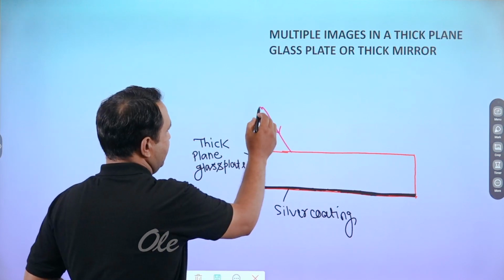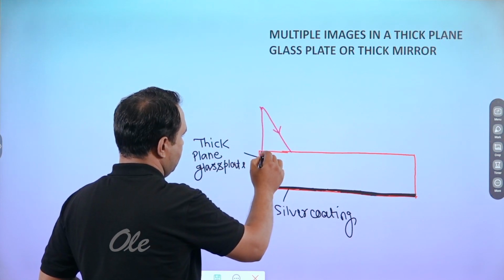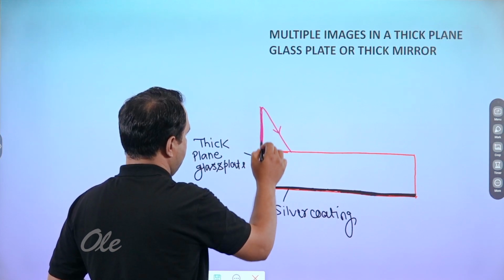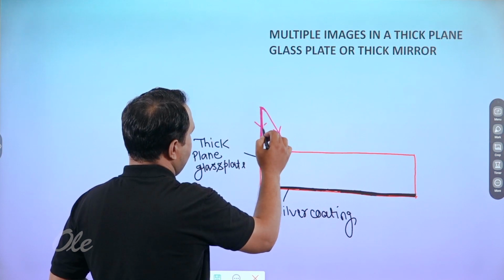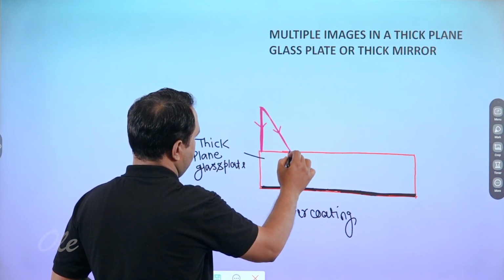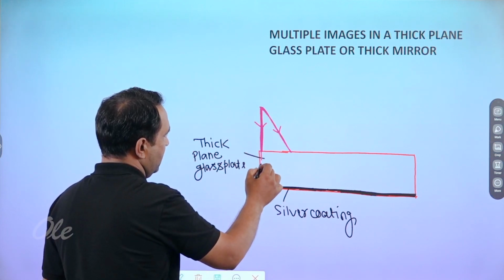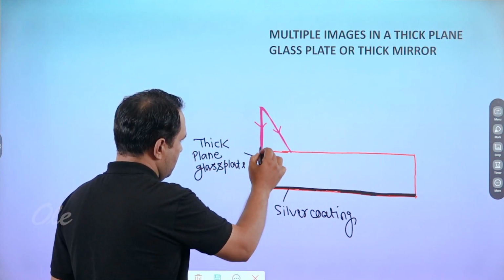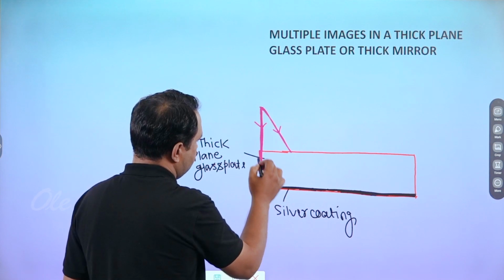So one ray is passing perpendicular on this surface, right? This is going perpendicular on this surface, and another ray is going obliquely and strikes here. So the one which is going perpendicular will go without any deviation and will return on its path.